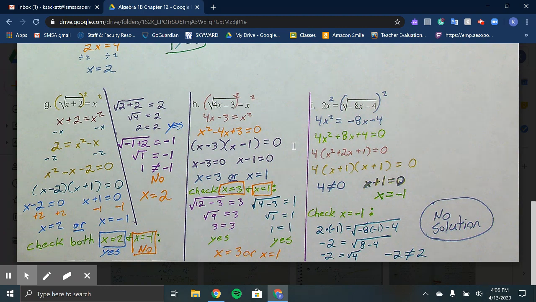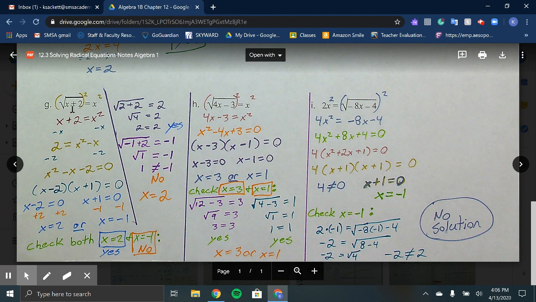So first steps though, make sure the radical is alone. So in G, the radical is alone, so we move to step 2, square both sides. That becomes x plus 2 equals x squared. Now in order to undo the foiling, or factor our polynomial, we have to set it equal to 0.